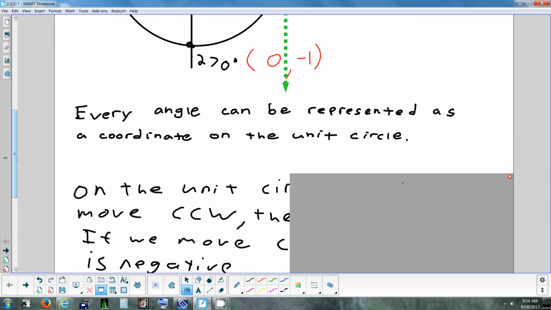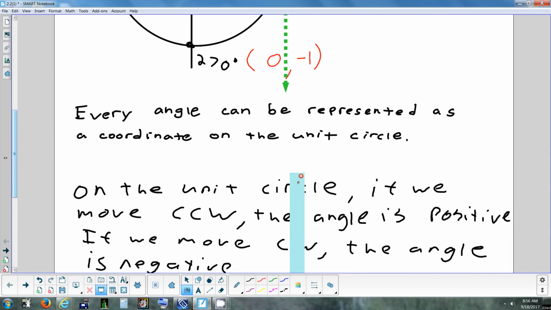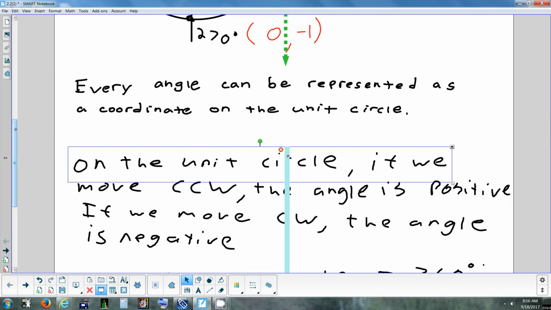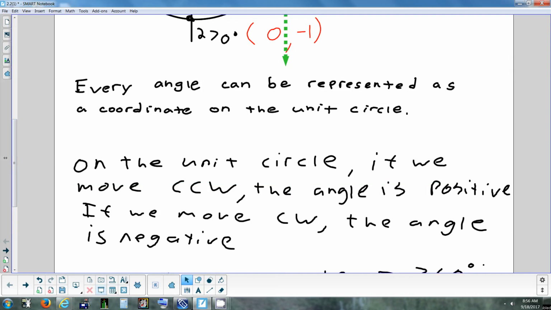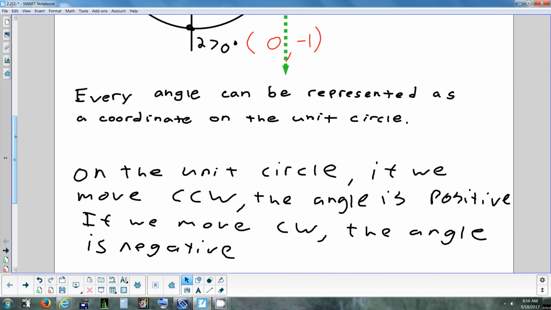All right, so this is everything I just said to you, so I'm not going to say it all again. Okay, so the idea, you've got to find the coordinate for a point on the unit circle. And when you're working with an angle, remember there's 2 different directions we can measure angles in.